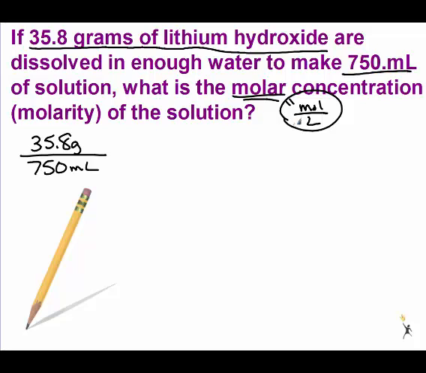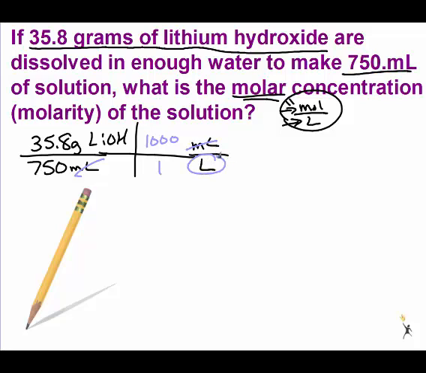My grams, I need a formula. It's lithium hydroxide, so LiOH. I need to convert my top unit to moles, and I need to convert my bottom unit to liters. So milliliters to liters. There's 1,000 milliliters in a liter.